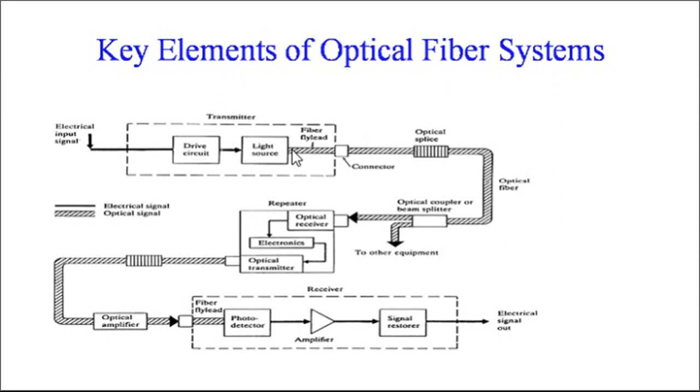Similarly, for the optical fiber cable, inside is the hollow portion, and the inside part we can call the core, and the core is protected by insulating material called the cladding. Through this connector, this will pass, and this is going to be an optical splice.